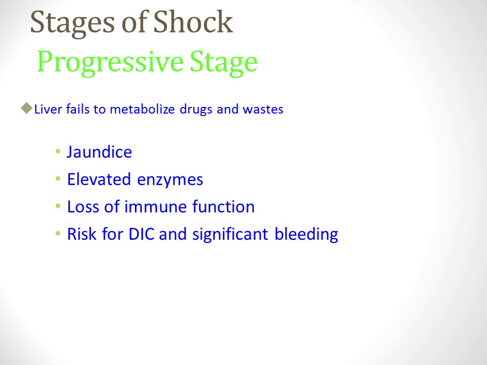So all those acids begin to build up in the cells and in the interstitial spaces. And remember, when it's acidic, it changes the permeability of the capillaries. And that acid changing the permeability of the capillaries is causing more fluid to leak into the interstitial space, further decreasing the amount of circulating volume that the patient has.